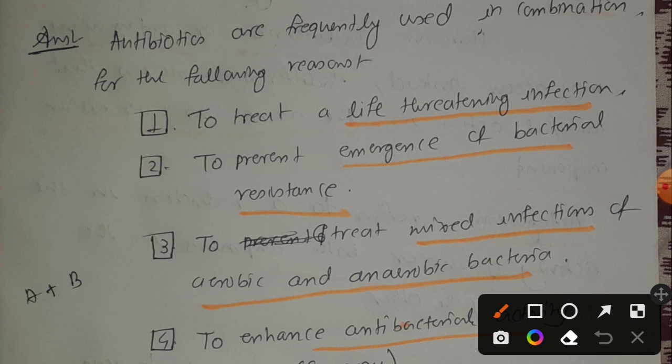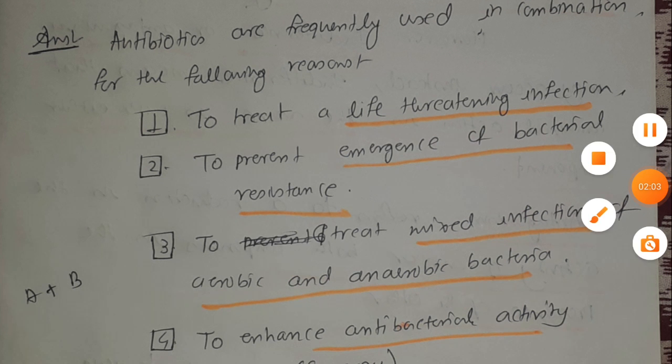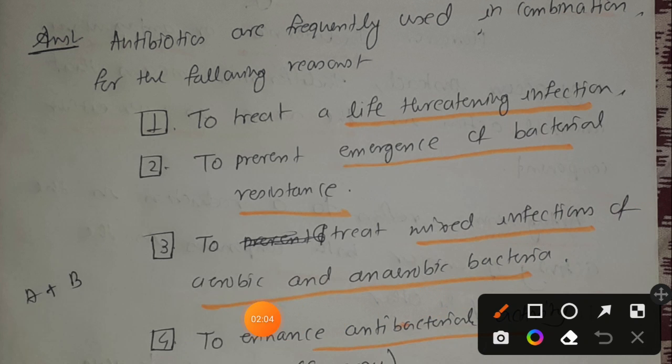Because as he is the strongest boy in the class, you will get an advantage that you do not have to perform too much fight, right? He will fight for you, right? So similar in the case of antibiotics, why are we using a mixture of antibiotics? To get some benefit, right? When we are using antibiotics for treating infection.